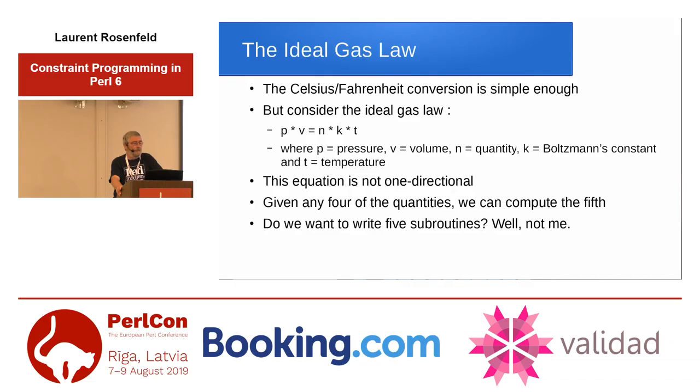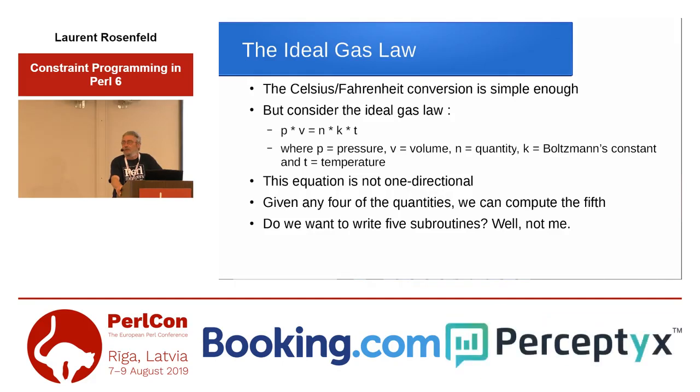If you're given 4 of the values, any one of them, you can derive the 5th one, but you have to write 5 subroutines to do that in procedural programming. Well, maybe only 4, because the Boltzmann constant isn't going to be changed, but the others will. Do we want to write 5 subroutines? Well, I would prefer not to.